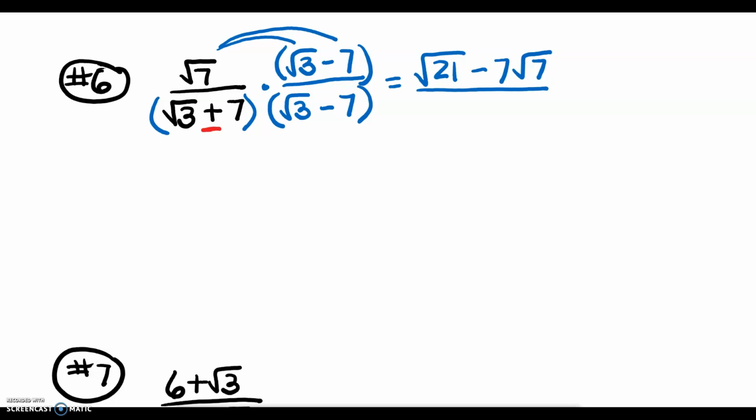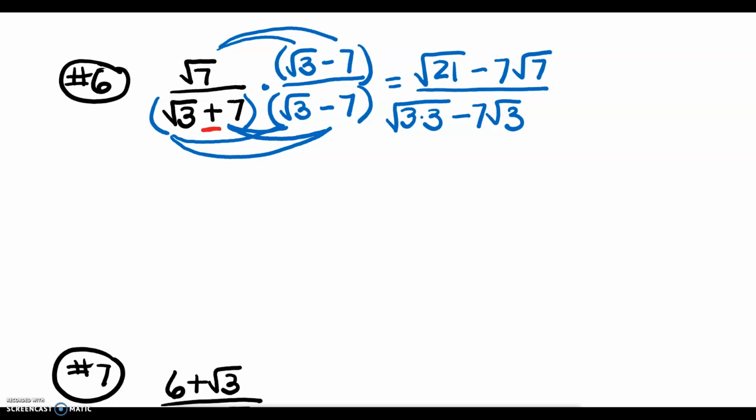Okay, my radicals were the same for these first two, so I could multiply what's underneath. Now I'm going to distribute my radical 3, so I get radical 3 times 3 minus 7 radical 3. When I distribute this positive 7, I get plus 7 radical 3 minus 49.